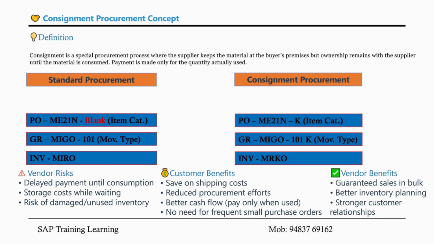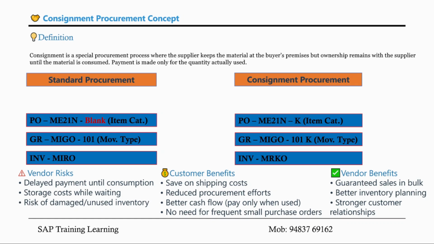Accordingly, you have to settle the vendor with payments. So the main difference is, in standard procurement you have to make the payment once you receive the goods because they become your own goods. Here you don't have to make the payment until they are consumed.